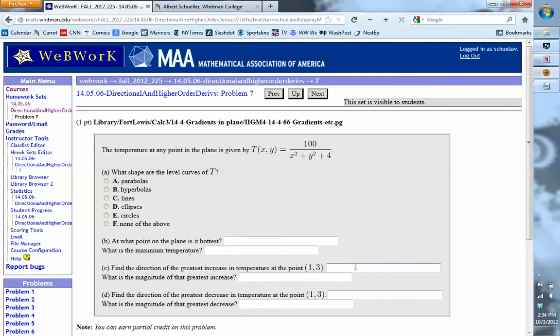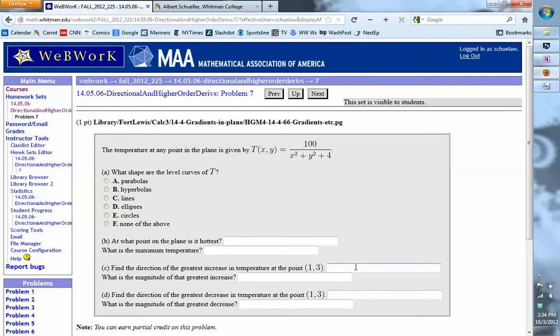All of them, or any particular parts? C and D especially. Okay. So level curves were probably on the lines of circles or something like that. At what point on the plane is it hottest? Probably near the origin. Okay, so C. Find the direction of greatest increase in temperature at the point 1, 3.